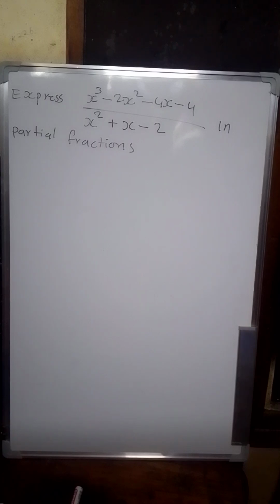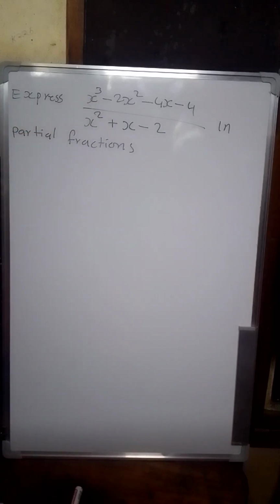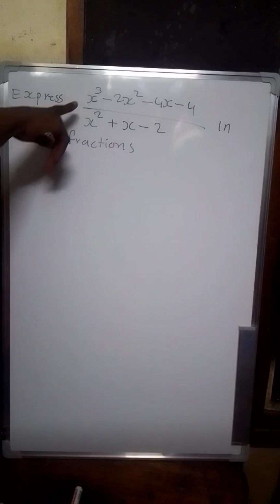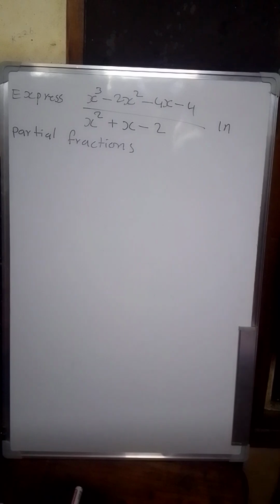Before we go any further, we have to check the degree of the denominator and the degree of the numerator. In this case, we can clearly see that the degree of the numerator is higher than the degree of the denominator.